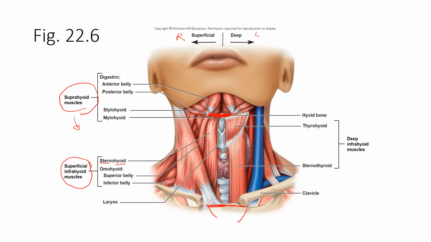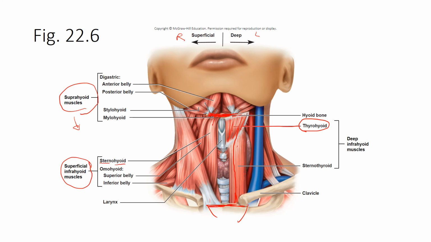Okay, now the deep layer, you have the thyrohyoid. You remember everyone has problems with the thyroid gland. This is the thyroid bone. This is the sternothyroid. The sternum means it comes from the sternum here, going all the way to the hyoid bone here.